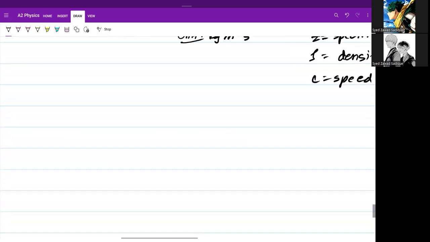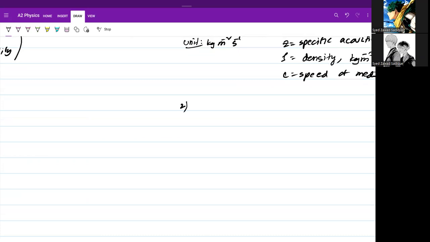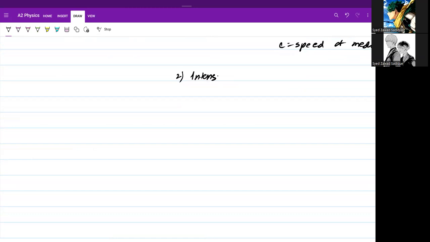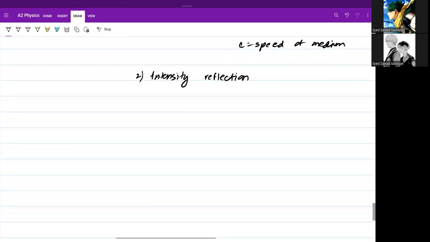And number two that we have to work with is the intensity reflection coefficient.